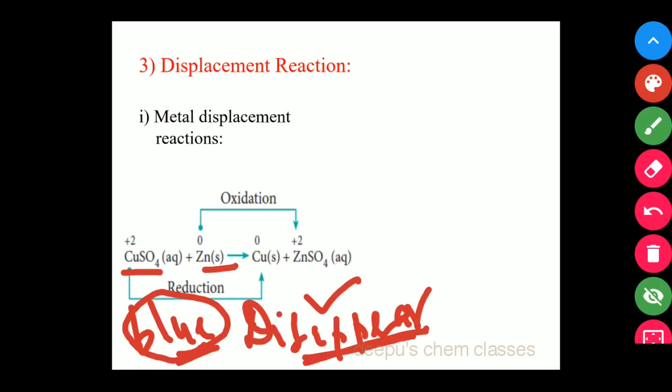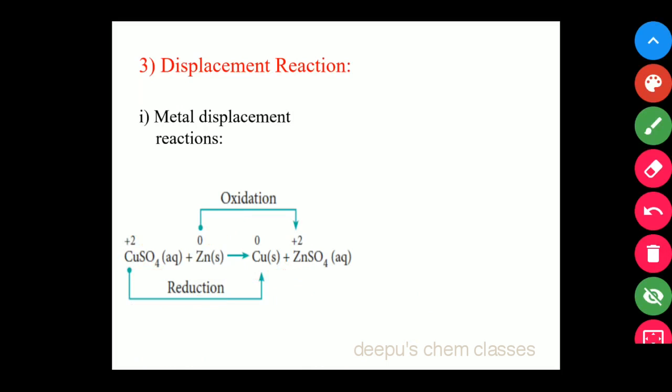That is due to the displacement of copper by zinc. Zinc releases electrons into the solution, copper accepts those electrons and changes into elemental form, metallic copper, so you get the products copper plus zinc sulfate. Simply, when you add zinc to blue colored copper sulfate solution, zinc replaces copper from the solution, and you get copper in metallic form, and zinc sulfate is obtained as a product.